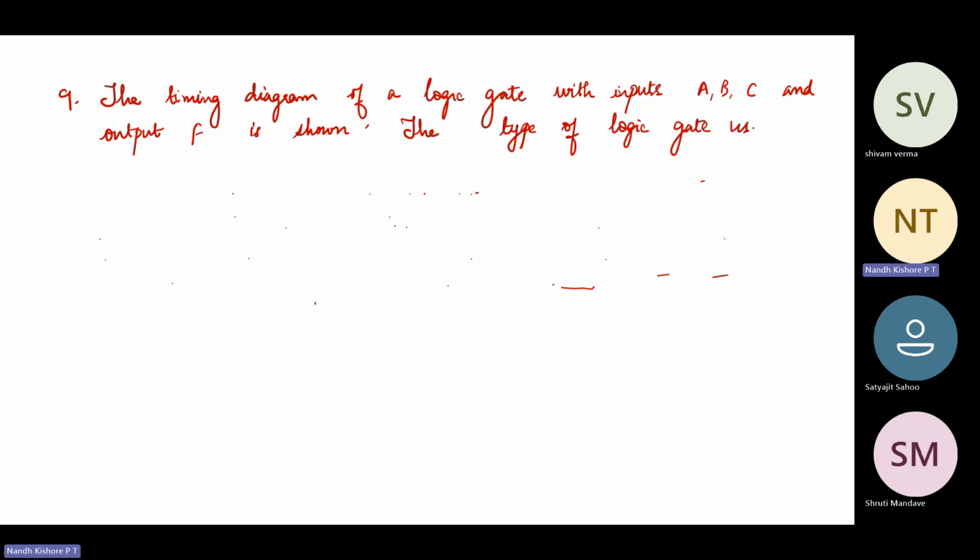The type of logic gate used is dash. Okay.